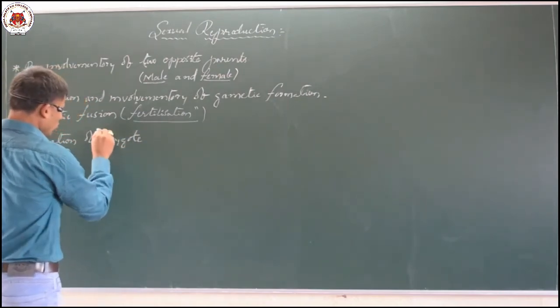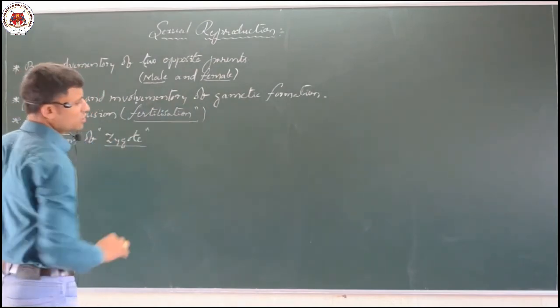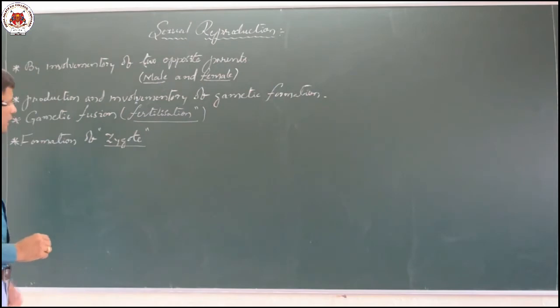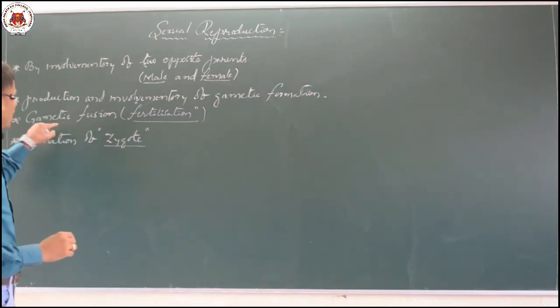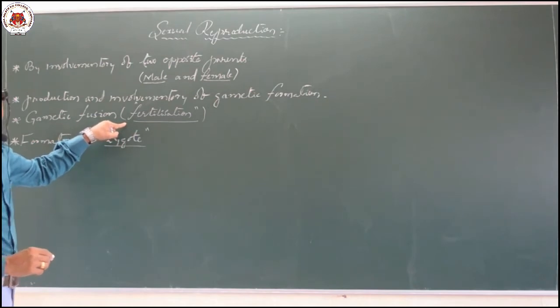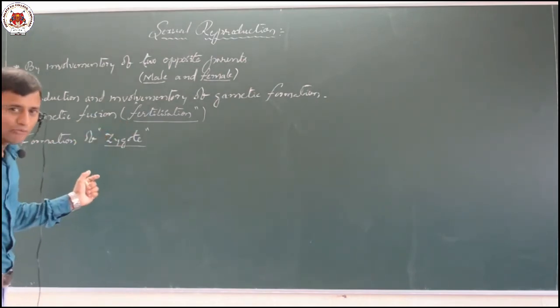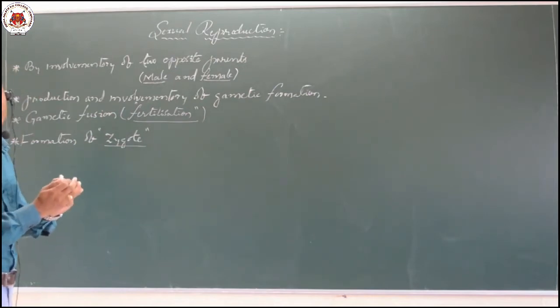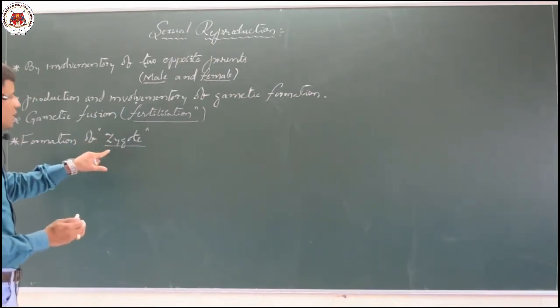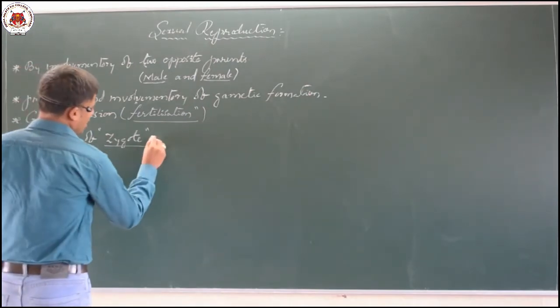So, how is this zygote produced? It is the result of the fertilization mechanism. By the fusion of two haploid gametes, gametes are always in haploid condition, and these haploid gametes fuse together to form the zygote. That is why it is diploid in condition.